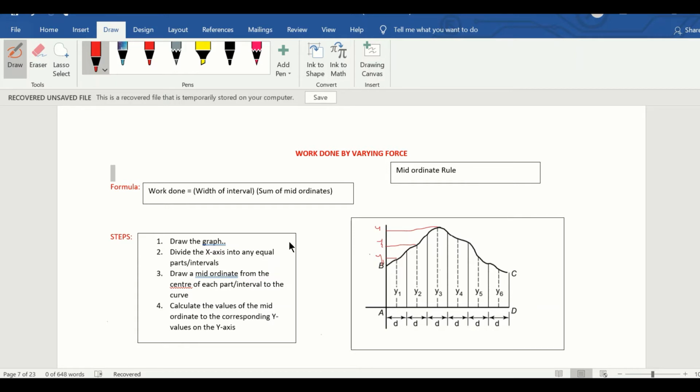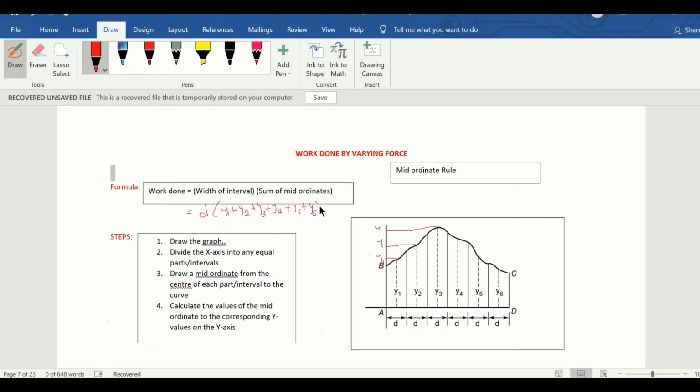Therefore, I can say that the work done is equal to the width of interval, which is my d, times the sum of mid-ordinates, in this case y1 plus y2 plus y3 plus y4 plus y5 plus y6.